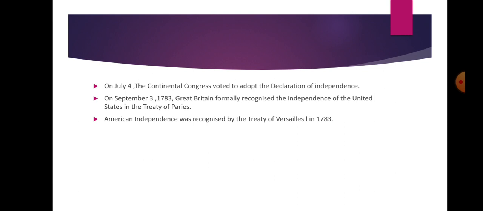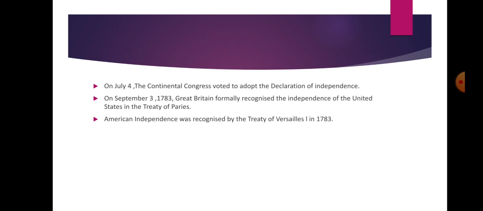On July 4, the Continental Congress voted to adopt the Declaration of Independence. It was drafted by a five-man committee including Franklin and John Adams, but written mainly by Jefferson.